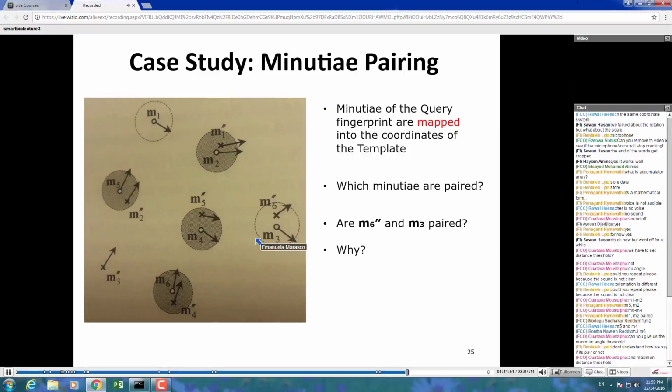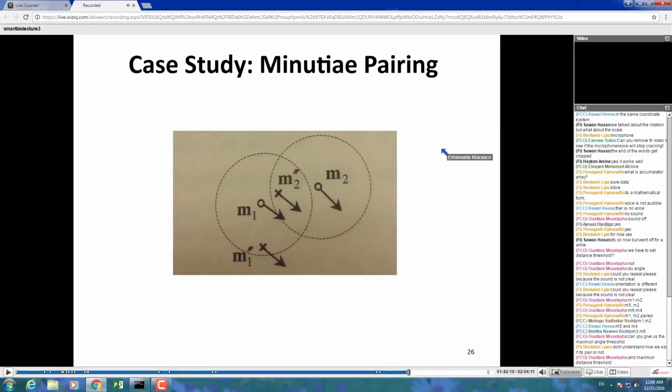Minutia pairing, so we have another example, with minutia 1 and 2 paired, and then how to generate the match score. Usually the function which determines the similarity match score, the value that the output of the system gives for making the automatic decision, its specific details are not public.